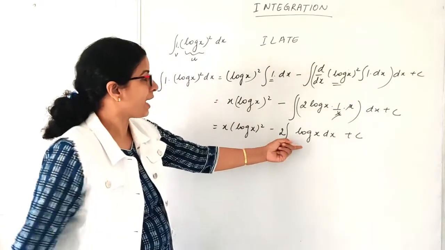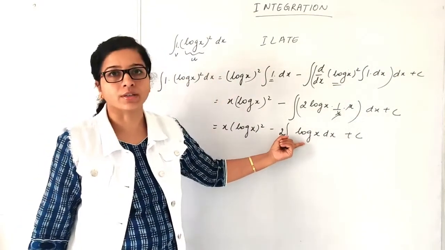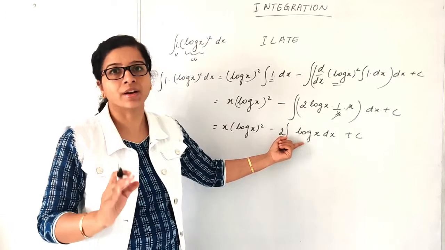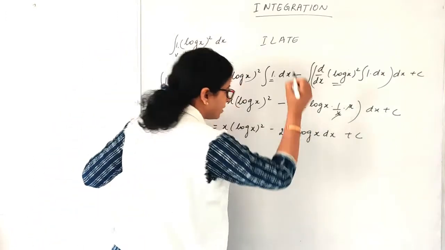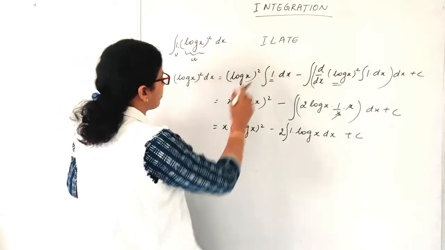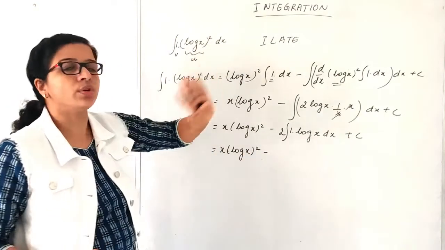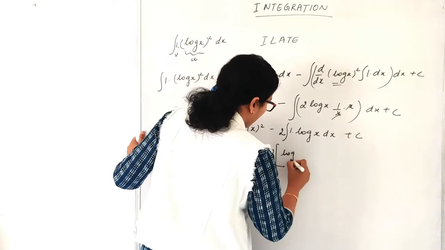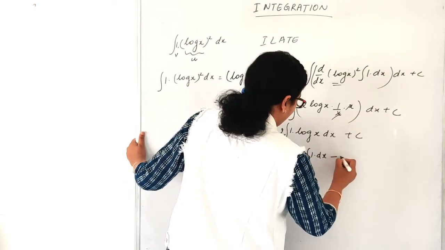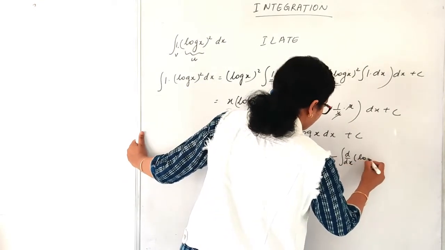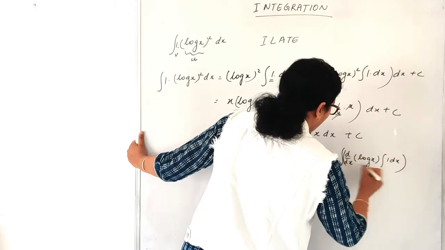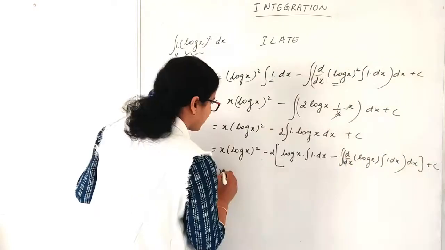Now pay attention here, I have again the integration of log x, so I cannot directly integrate log x. So what will I write? 1 into log x, and again the same process that we have done here. So in this case I have to apply the UV rule twice. So how are you going to write? Log x times integration of dx minus integration of differential of log x times integration of dx whole dx plus c.